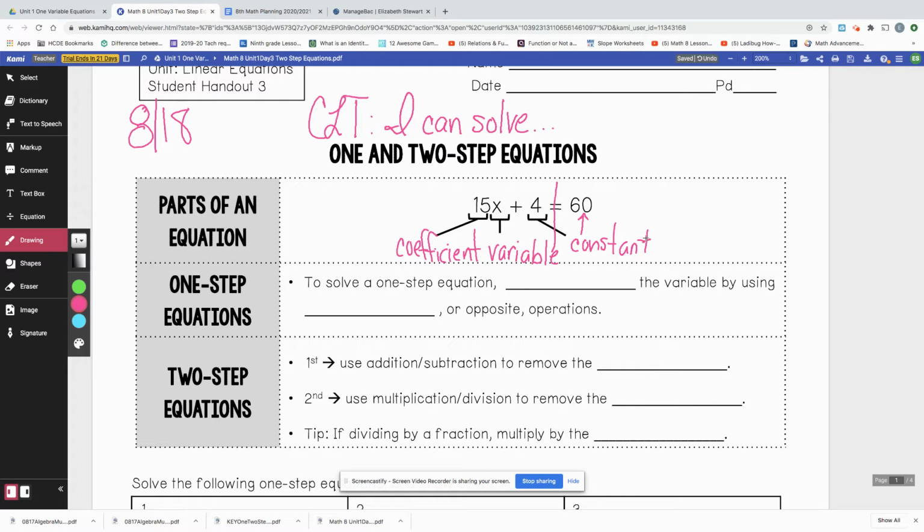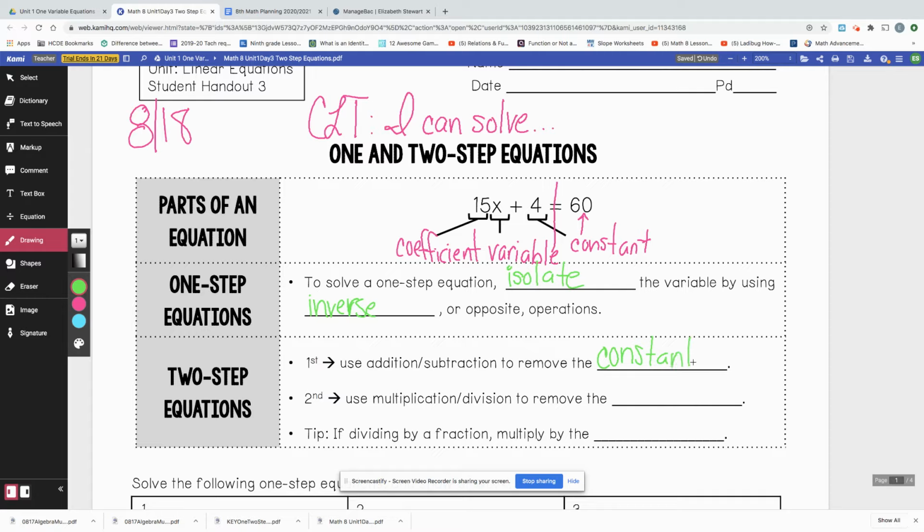To solve a one-step equation, we want to isolate the variable by using inverse or opposite operations. So in two-step equations, we use addition or subtraction to remove the constant.